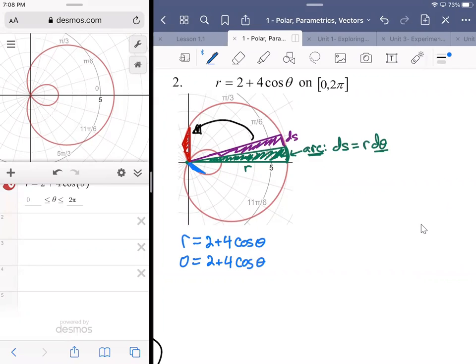And the reason I'm going to do that is because that's going to give me the location of, in terms of theta, the pole. It's going to tell me at what theta values this curve hits the pole. All right. So that's going to allow me to restrict my domain, excluding some of the values on the interval of 0 to 2 pi.